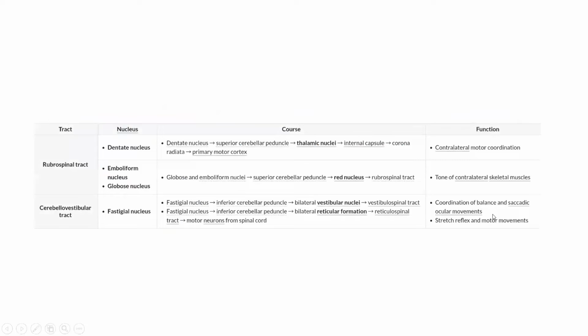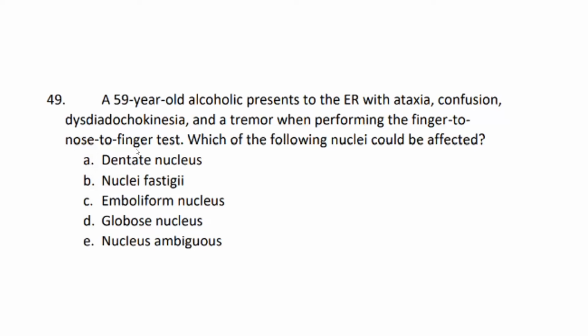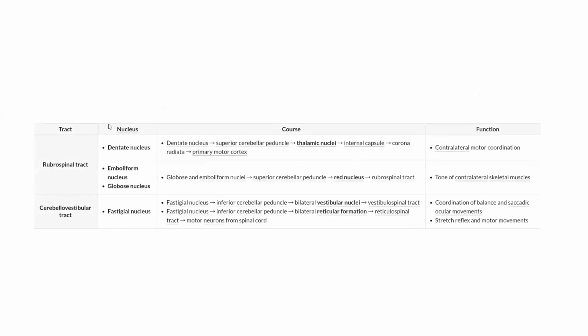And this table from Ambos basically goes into why. Here's the different tracts of the cerebellum. And by the way, we know for sure it's cerebellum, since the presentation is ataxia, confusion, dysdiadochokinesia, and tremors, all of which would occur if the cerebellum has been affected.